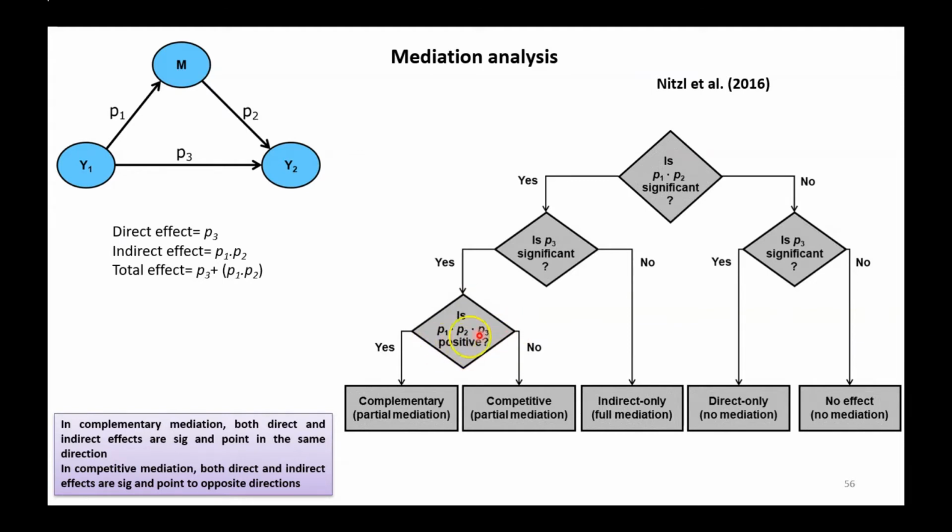If you multiply these values with each other and the sign of this value is negative, it means that you have competitive partial mediation. And if the result of this computation is a positive value, it means that you have a complementary partial mediation. So this is how you can determine the type of the mediation in your analysis.